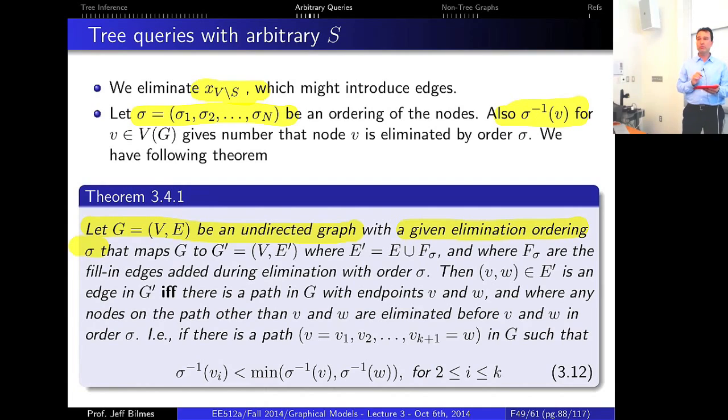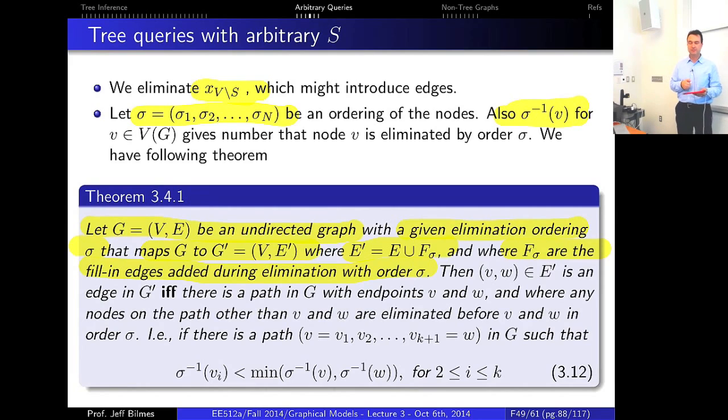Through the process of variable elimination, that maps G to G prime, which is the elimination graph, a graph over the same vertex set, but with an edge set which consists of the original edges E plus the fill-in that resulted from eliminating the variables in that order. So F sigma are the fill-in edges added during the elimination order sigma.